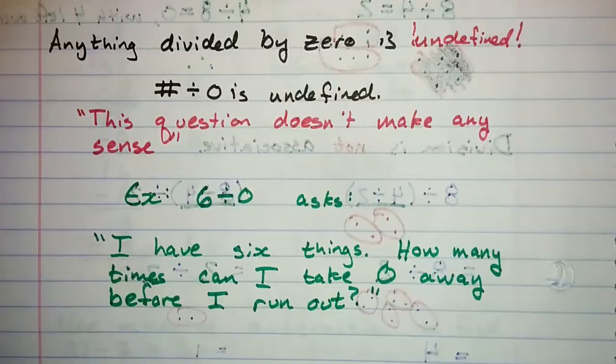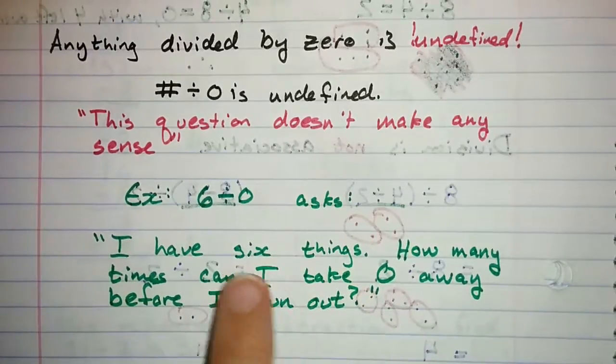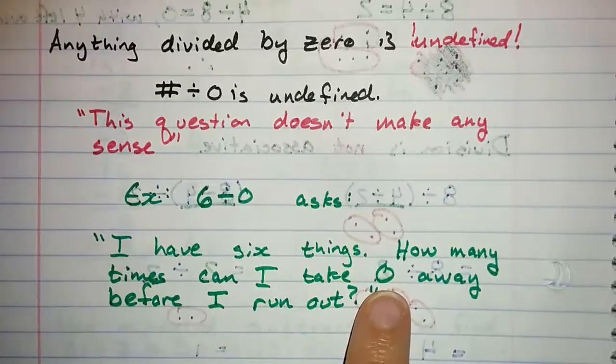Right, this is asking the question, I have 6 bananas and 0 children. I want to give my bananas away. How many bananas should I give each child? And the answer to that is, you're not going to be able to give your bananas away unless you find some children. I'm not going to be able to get rid of my 6 things unless I take away more than 0.